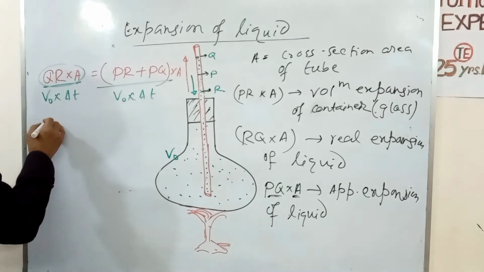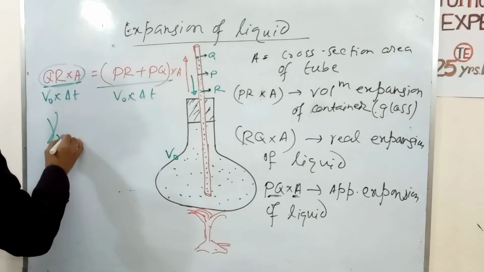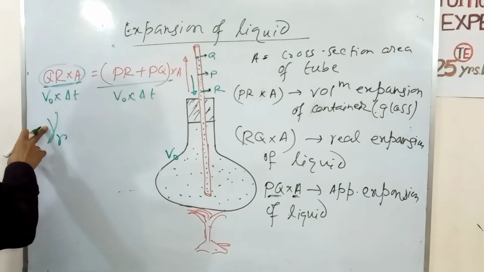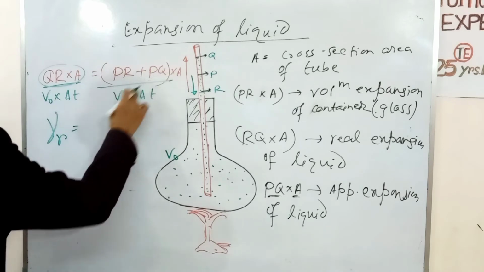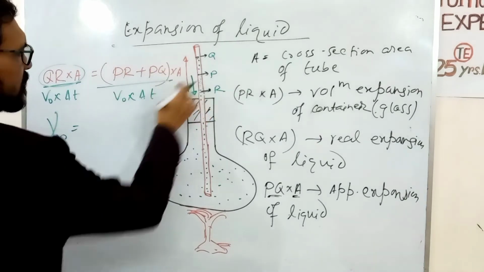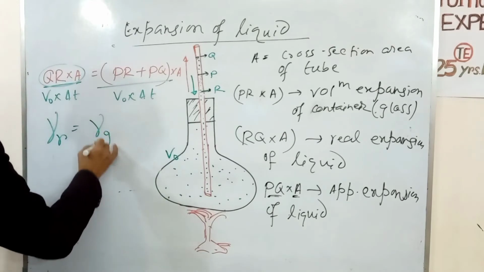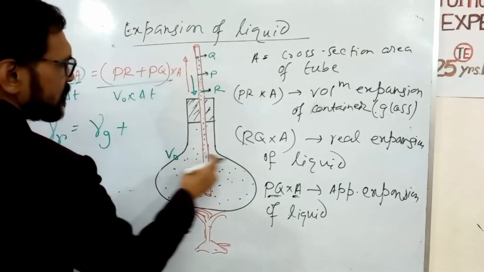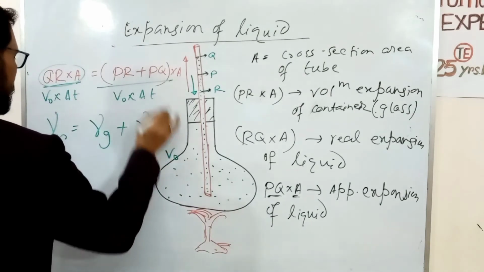So this is gamma R, the coefficient of real expansion of the liquid. PR is the volume expansion of the container or glass, so this is gamma G. PQ into A is the apparent expansion of the liquid, so this is gamma A.